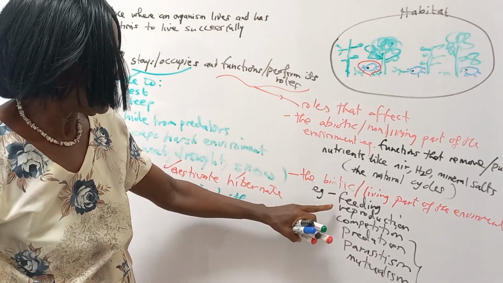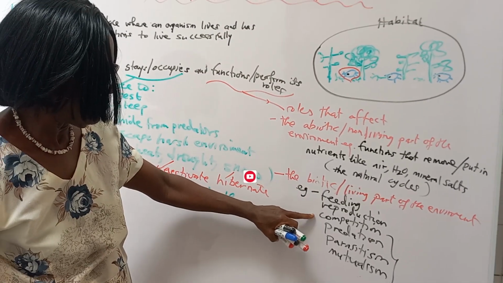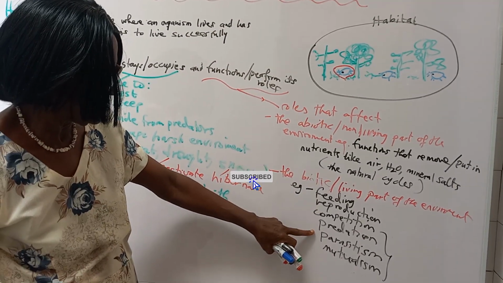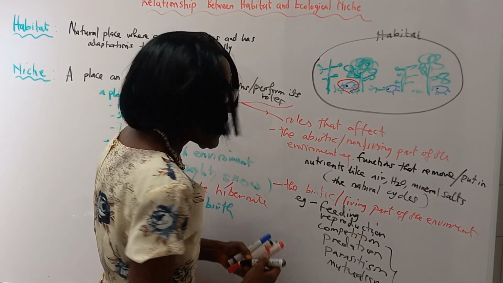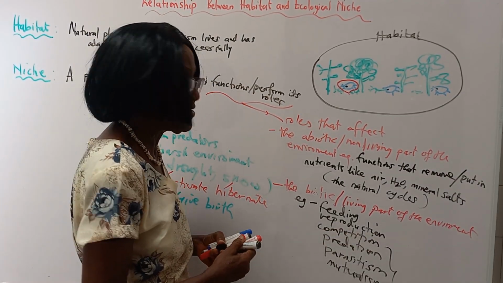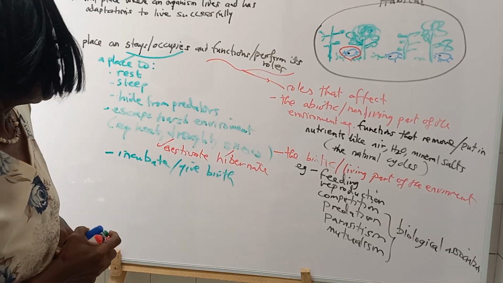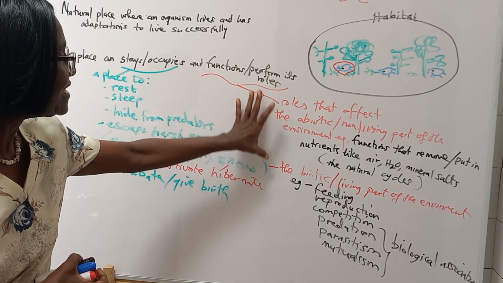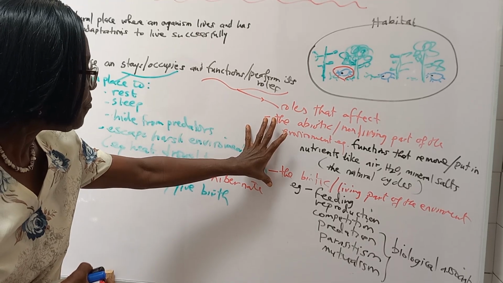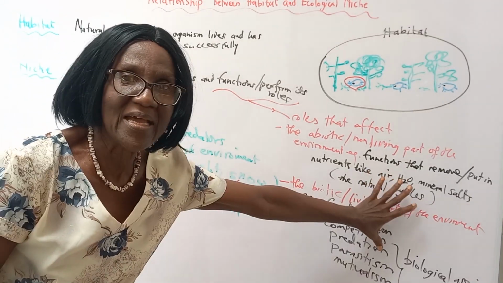These are the functions: feeding, reproduction, competition, predation, parasitism, mutualism. And you see that these are what is known as biological association. So basically, these are the functions that organisms perform in the environment or in the habitat.